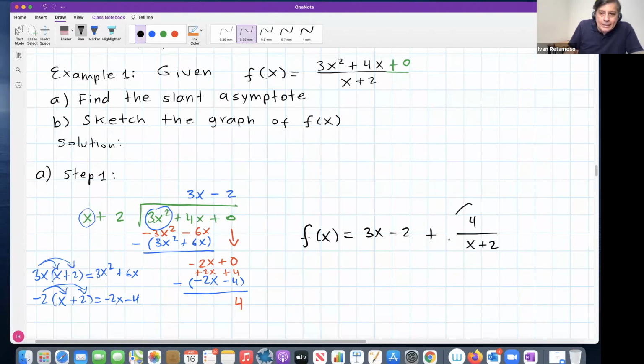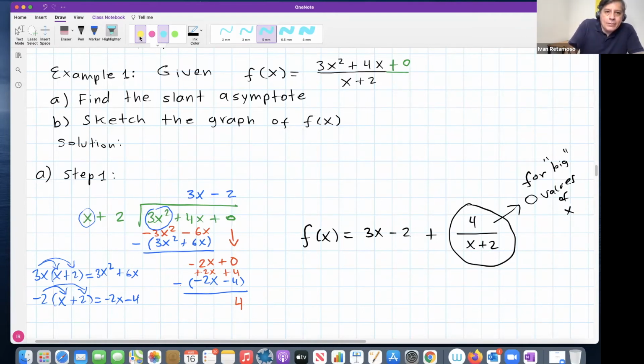But notice, guys, this guy goes to 0 for big, in quotations, values of x. So basically, this is what you have to consider to be your slant asymptote, because the function will get closer and closer to this linear function since this goes to 0, right?